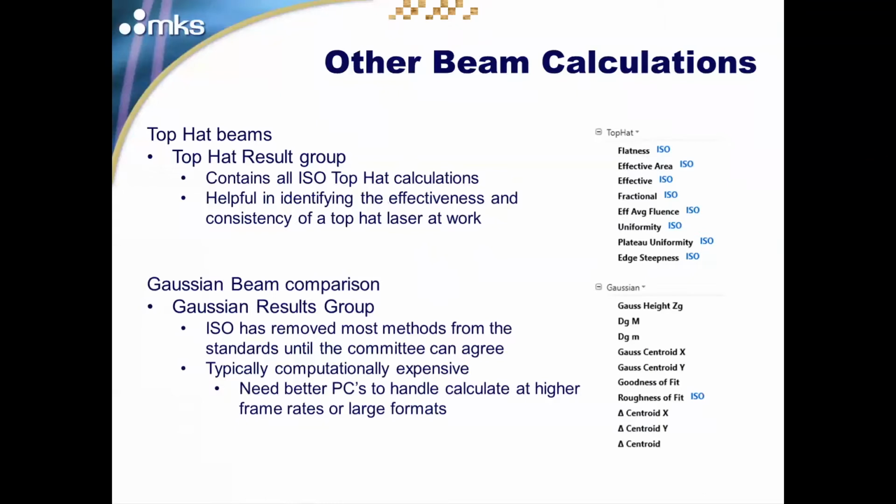If you're working with Gaussian lasers, we do have a full set of Gaussian results as well. ISO has removed the goodness of fit measurement from the standards, and they're working on trying to find a suitable replacement. At this time, the goodness of fit calculation that we've included is our interpretation of the goodness of fit as it previously was included in the standard.